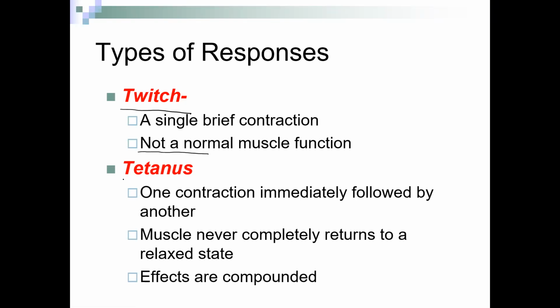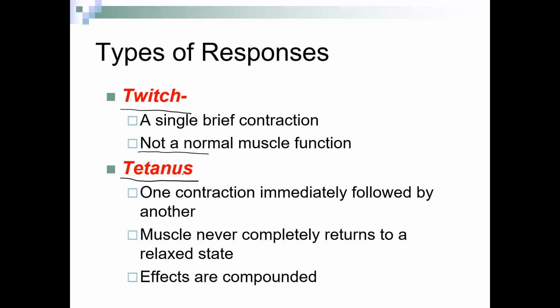Now, hopefully you've all heard the term tetanus before. At the very least, at CSEC, you'd have heard tetanus as a disease that causes the person to stiffen up and can't move, right? But tetanus is an actual physiological condition which is separate from the disease. The disease was named after the stiffening up, right?